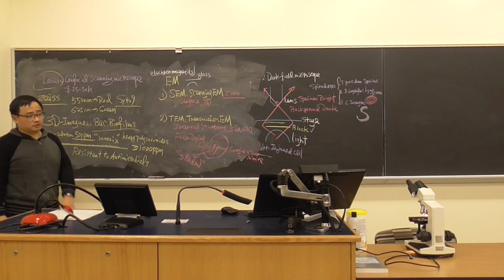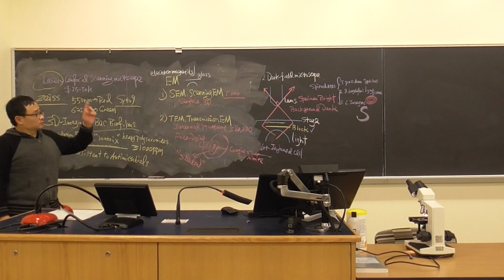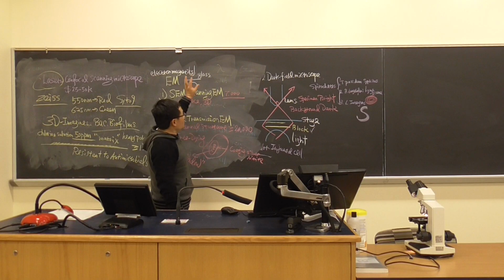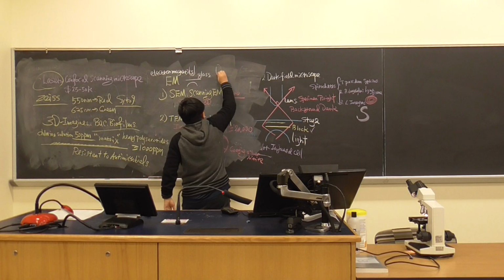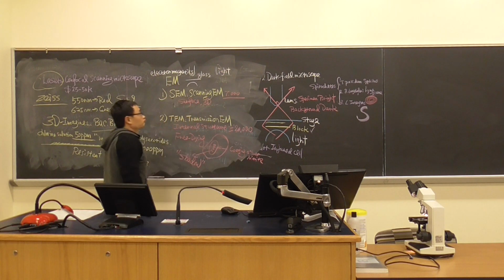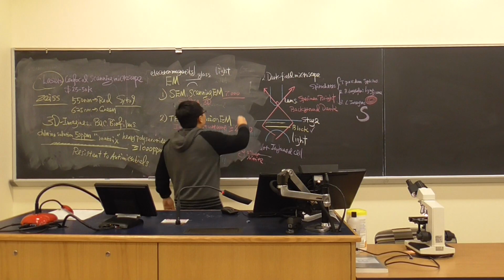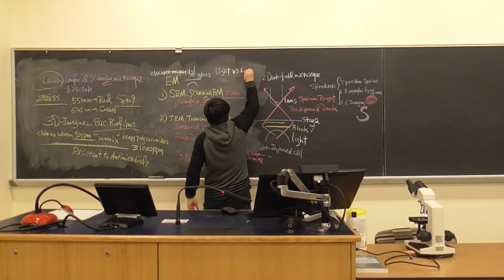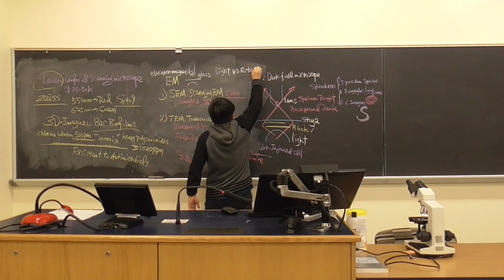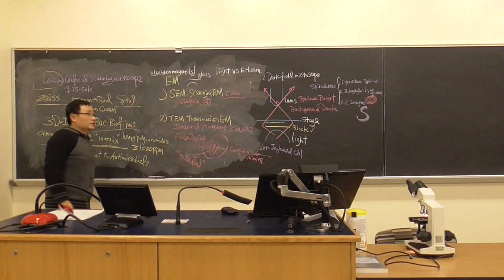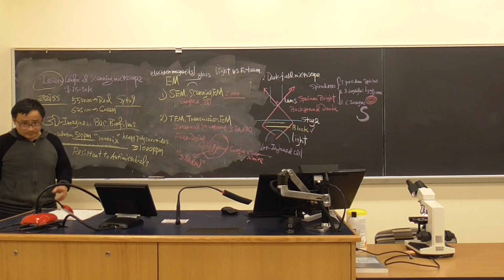The second thing, because light field microscope, the thing passing through the medium is light. And the electron microscope, the energy coming from electron beam. That's another major difference.